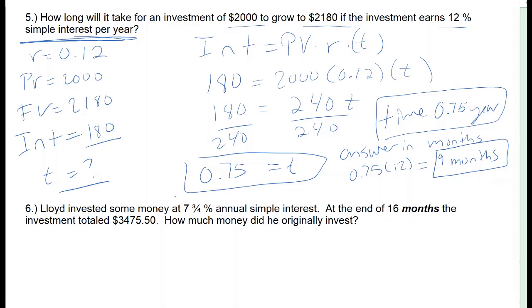If you were talking to a friend, your answer wouldn't be 0.75 of a year. No, your answer would be 9 months into the year is when I earned $180. And so we will almost always ask you to convert; the book will, the WebAssign will, the test will, and if this is a question on a final exam, it will as well. So make sure you know how to convert between years and months.